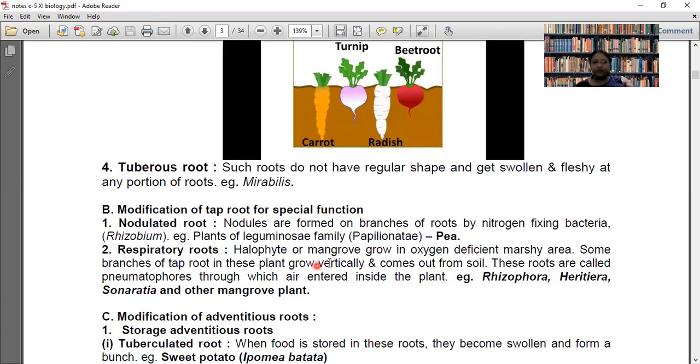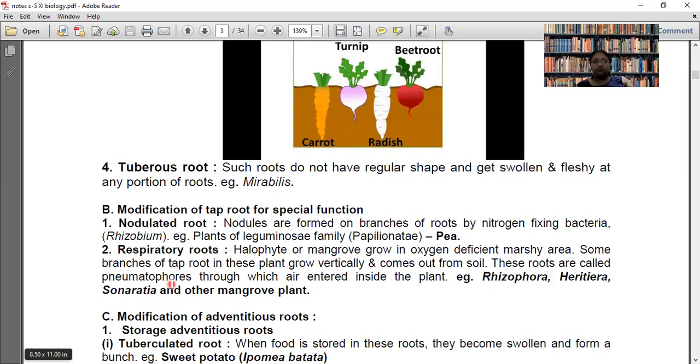In case of halophytes or mangrove, the area in which they grow, the soil will hardly have any oxygen. The soil is clayey and it has less pore size due to which the root cannot have enough oxygen. And after all, roots also have living cells, so they will require some amount of oxygen for their survival. Because of this, their roots are called respiratory roots or pneumatophores, which have pores.